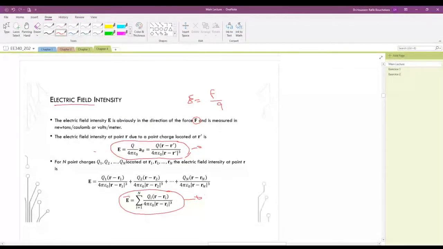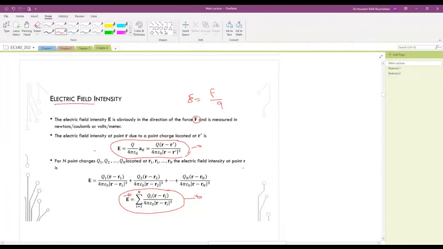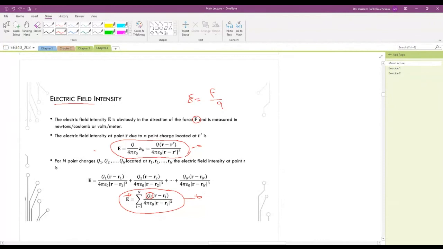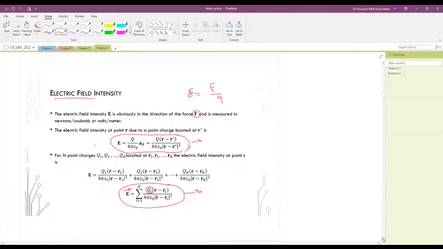This is the expression of the electric field created, in this case, not by only one charge but by a couple of charges, on a point. This is the expression of the electric field intensity.